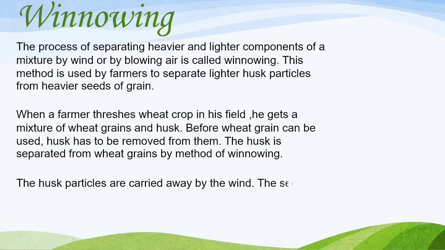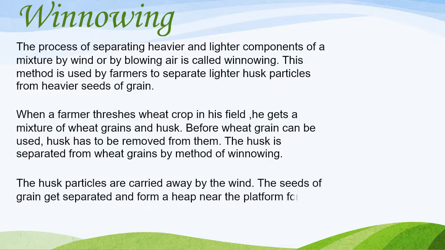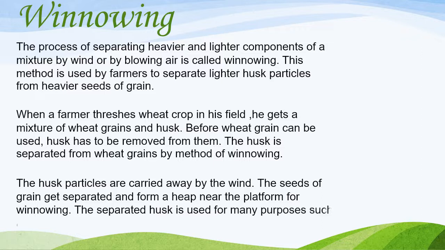The husk particles are carried away by the wind. The seeds of grains get separated and form a heap near the platform for winnowing. First of all, farmers have to prepare a platform for it.